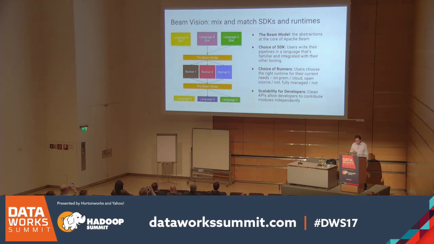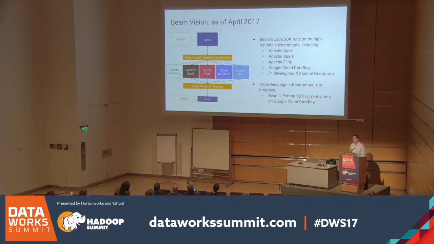So Apache Beam provides really modular APIs for the runners to call back into a specific language in a very efficient way. This is the vision. The reality is a little bit different, but not that different. So today, we have 2 SDKs, one in Java and the other in Python.